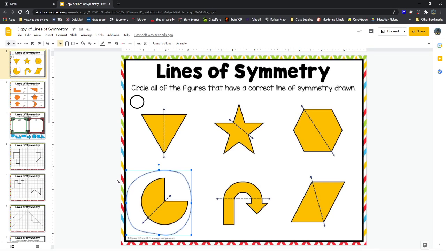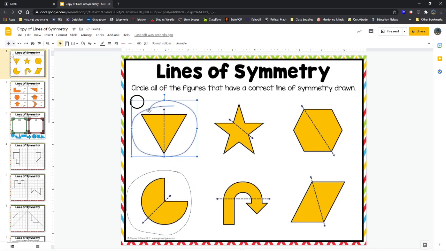Now, that's not the only one that has a correct line of symmetry. Who can tell me another shape on this page that has the line of symmetry where it belongs? Christopher, give me another. Okay, the first shape, the triangle. Click on my scribble again.